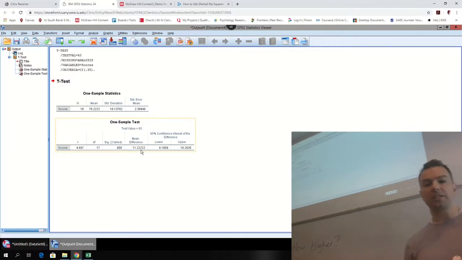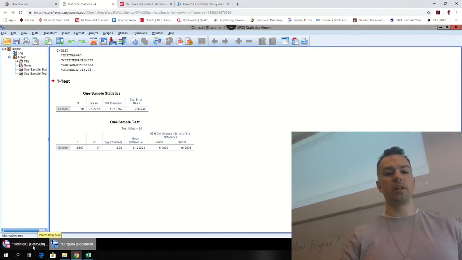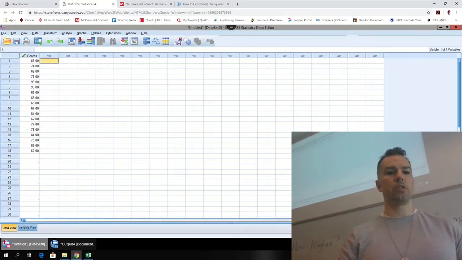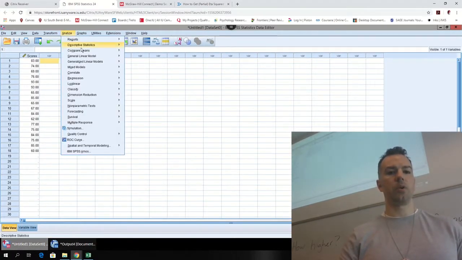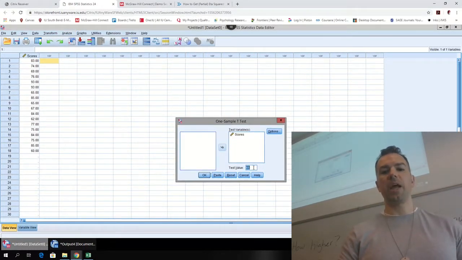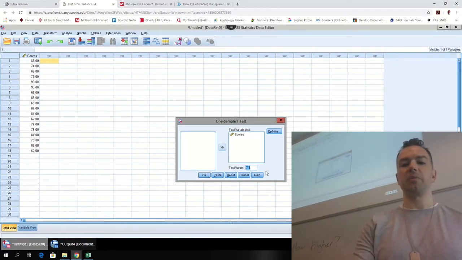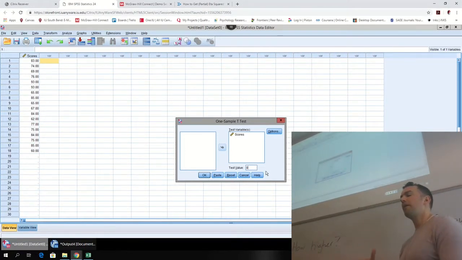If that's what they're asking for, then the simplest way to do it is to go to your one sample t-test, and instead of comparing your scores to the previous year's in order to get the difference, you want to basically compare your scores to 0 in order to get the amount.